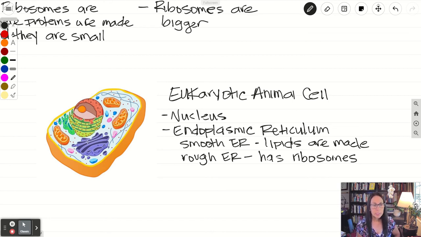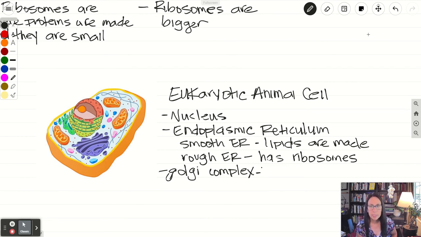Okay, then I want to point out this big purple thing here is called a Golgi complex. Sometimes it's called a Golgi apparatus. And the Golgi is where proteins are fixed. So a protein is made on a ribosome, but then it has to go to the Golgi to get packaged up. Okay, so it gets modified.